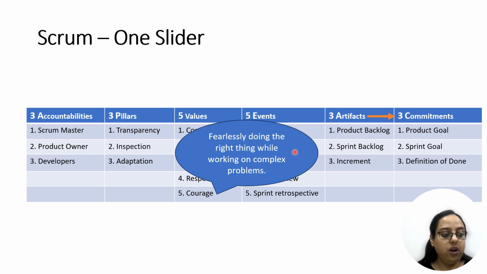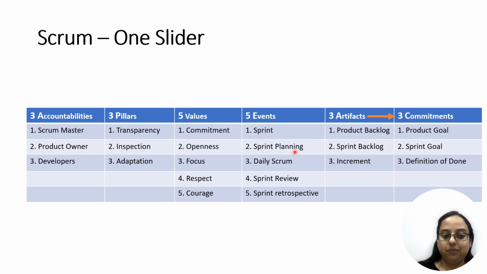If you try to pick it up first, you will have more chances to complete that in the sprint, because you will get more time for it, right? That's showing courage to take up the most complex piece of work first, right? Another example of courage is to demonstrate the increment to the stakeholders as it is, without hiding any facts and figures. So these are the five values.